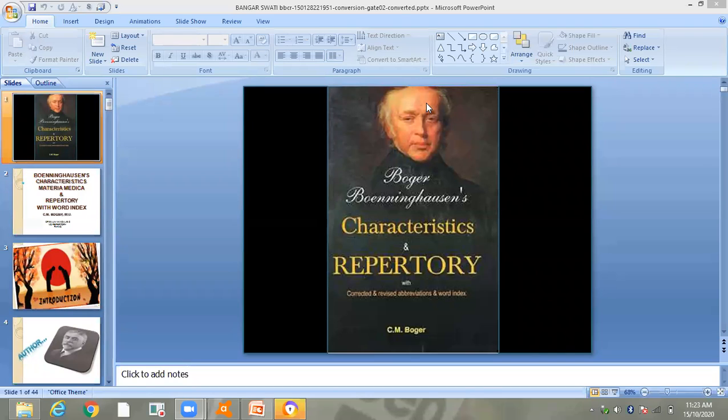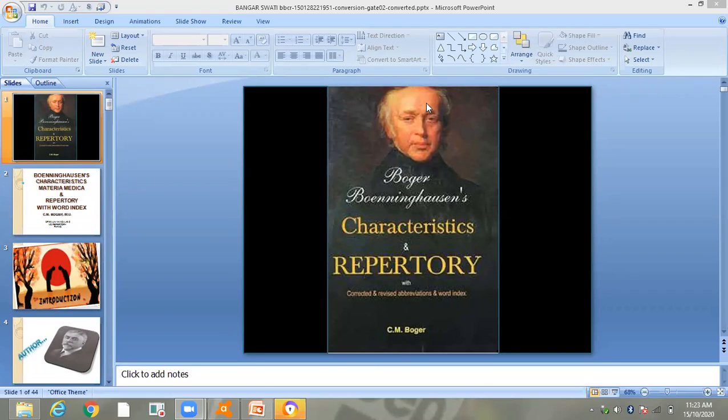Then under stomach we find epigastrium and hypogastrium.